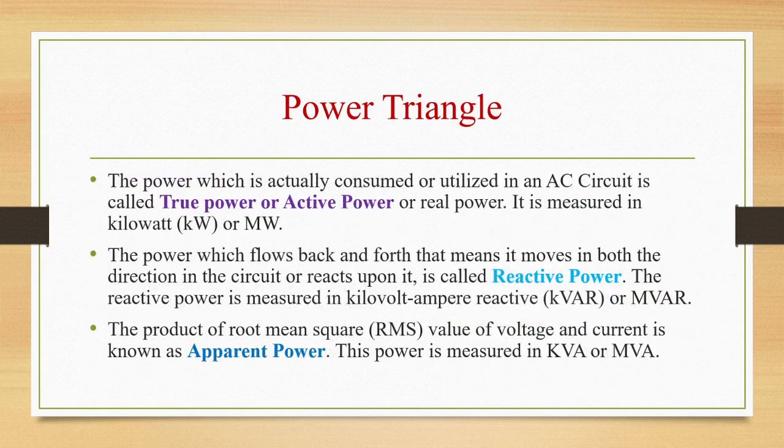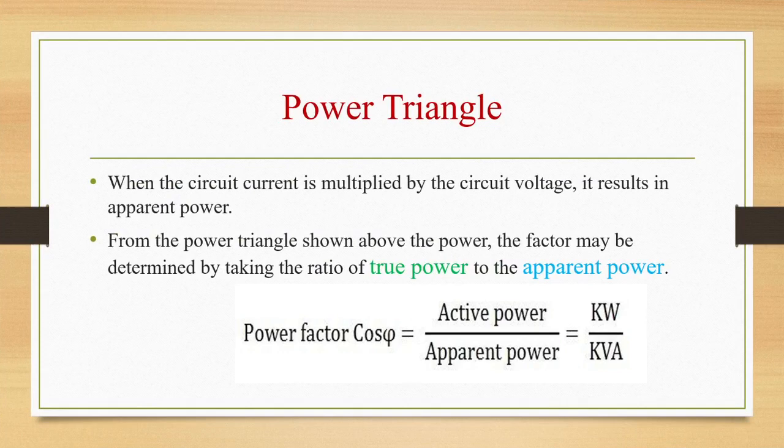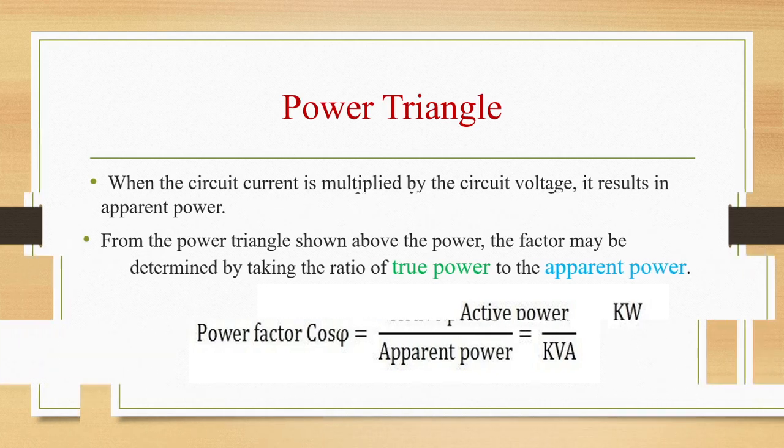It shows active power, which is actually consumed, reactive power, which flows back and forth, and apparent power, the product of RMS value of voltage and current, and we have seen their units. From the power triangle, we can find the power factor, that is, the cosine of the angle between voltage and current. It is the ratio of active power to apparent power, kilowatt by kVA.